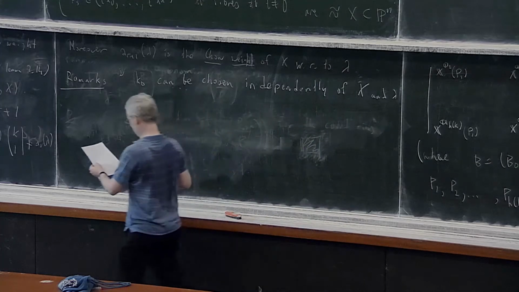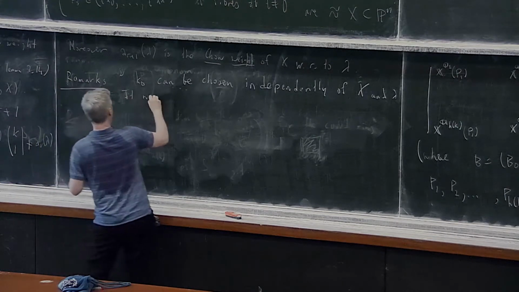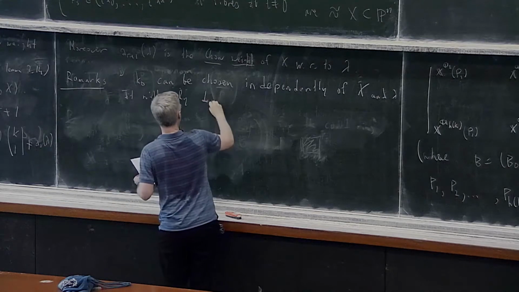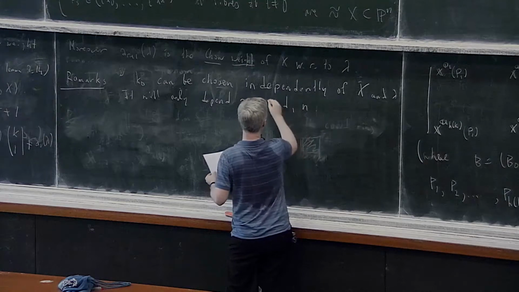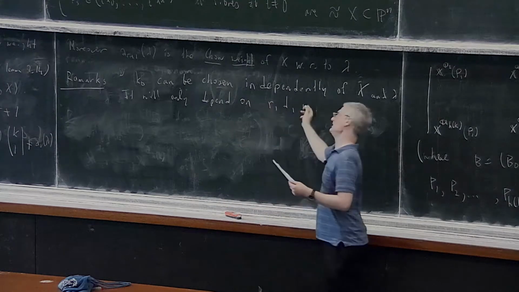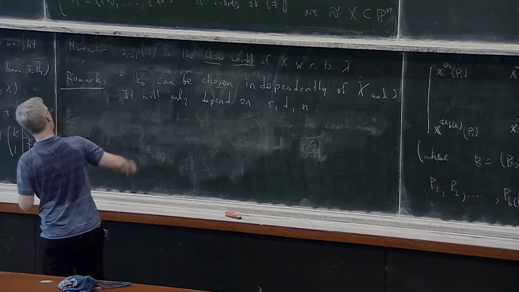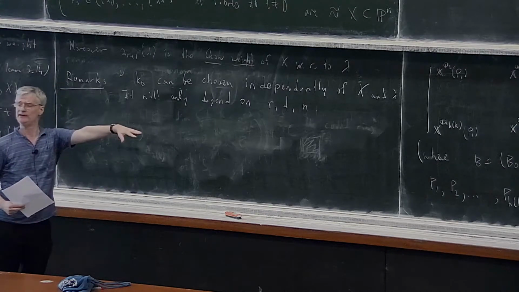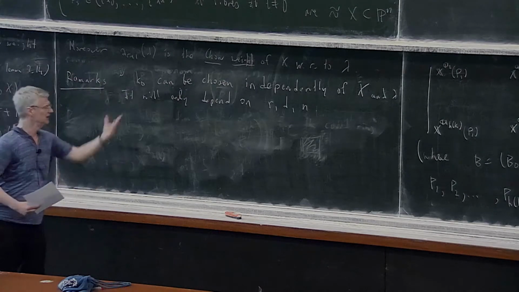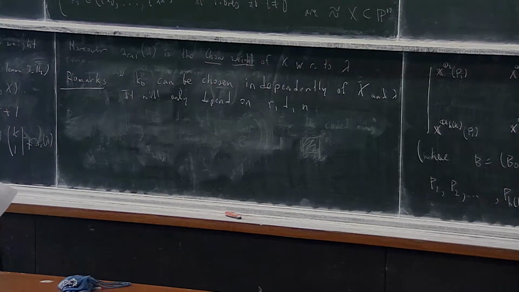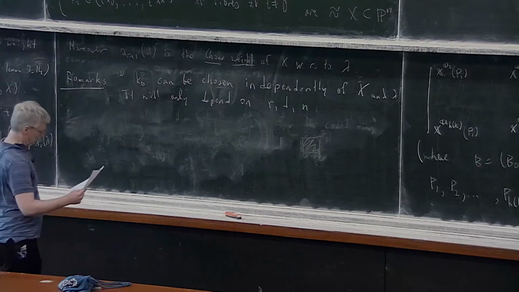So it will only depend on these parameters r, maybe d and n, and I can even skip this d, r, because r is bounded in terms of n. That is very important because I want to have complete uniformity when I do induction by dimension, when I apply this estimate. So that is quite hard. In order to do that, you really have to use some Gröbner basis techniques and so on.